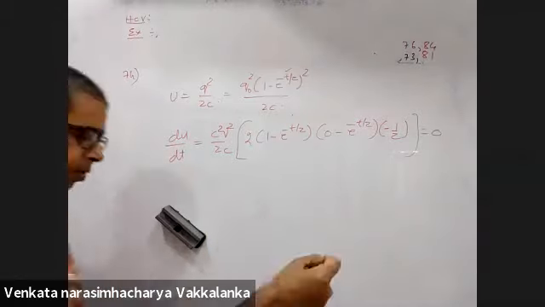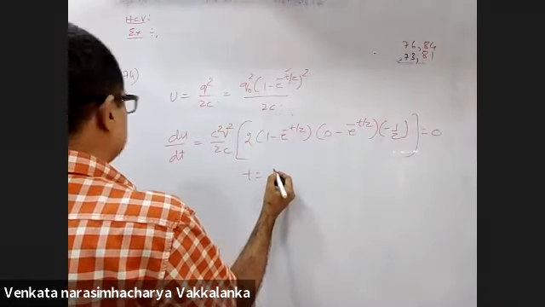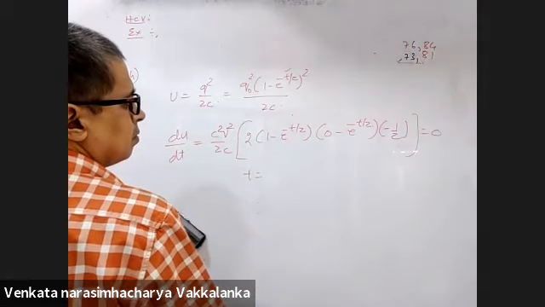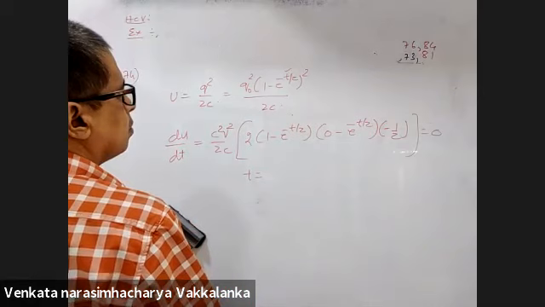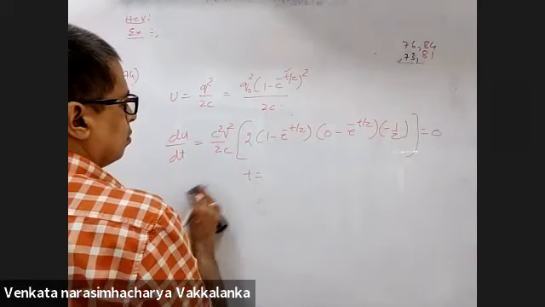Yes, sir. Now from here, what time are you getting? So 0, because 1 minus e to the power t by tau is the only factor which can become 0. So from that we'll get t as 0.